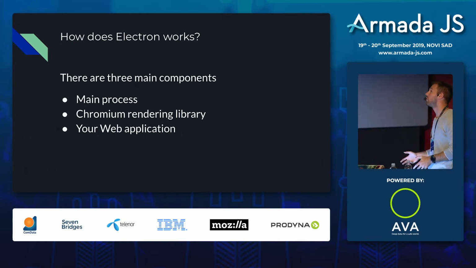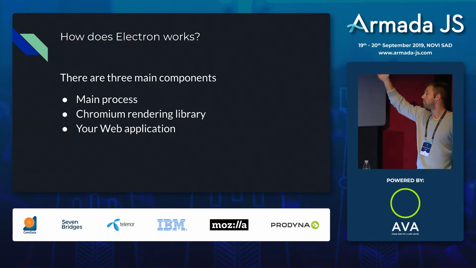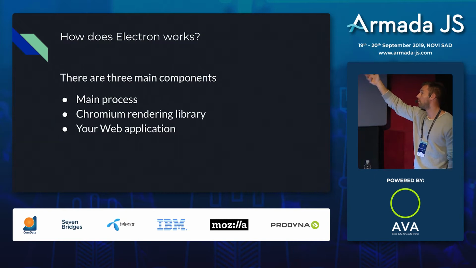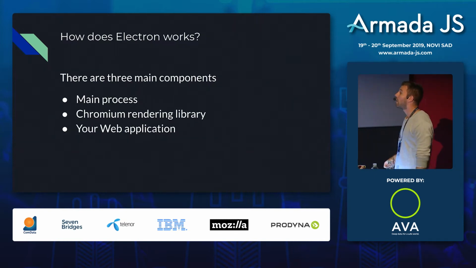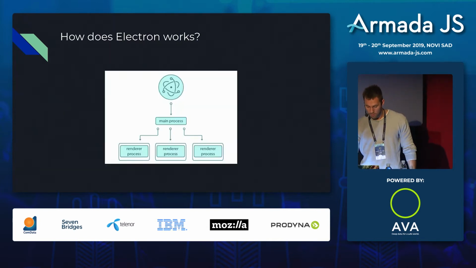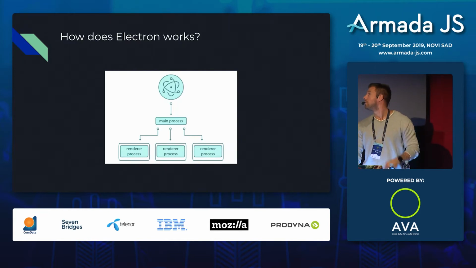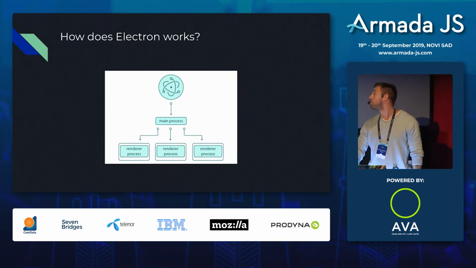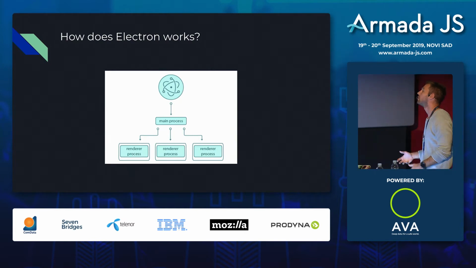The three main components of Electron are the main process, the rendering library, and your web application. But I was kind of lazy on that slide, so I already told you this. This is a visual representation just to get a better grasp of it.